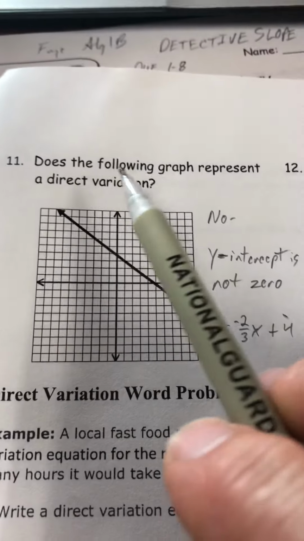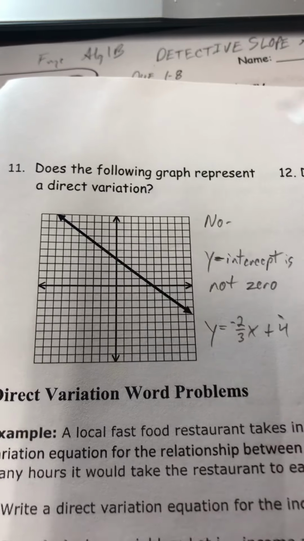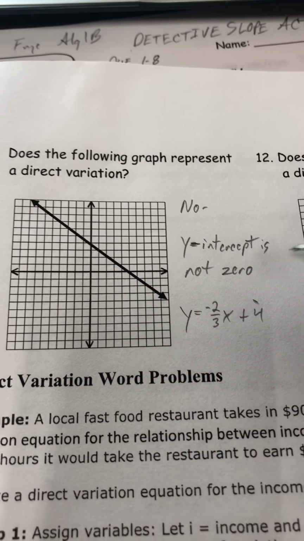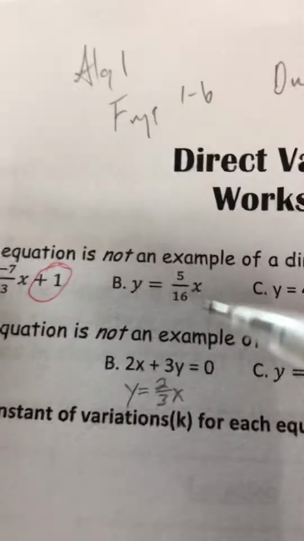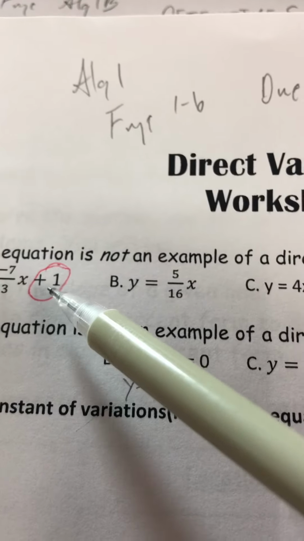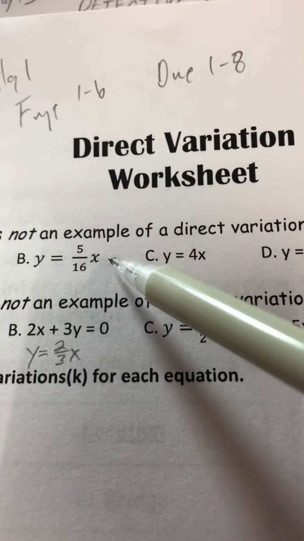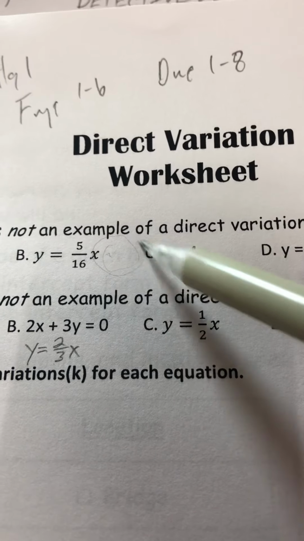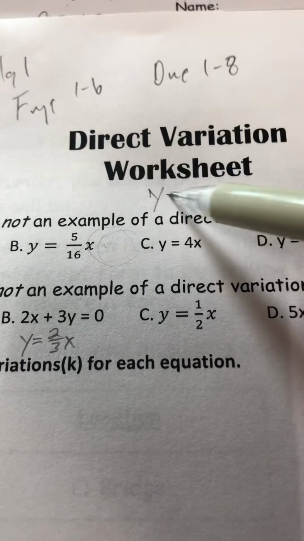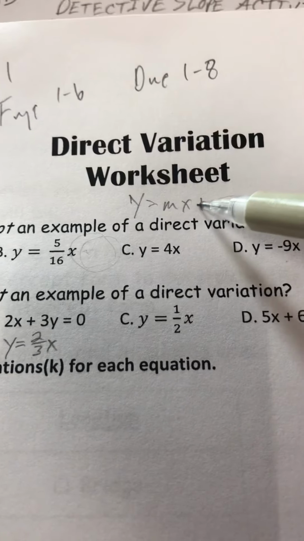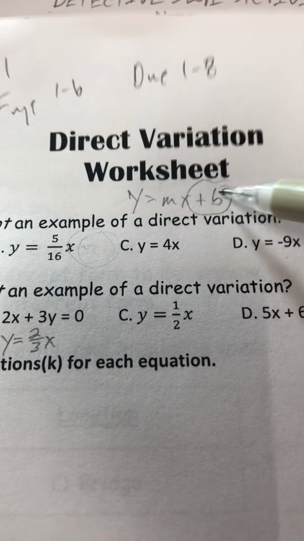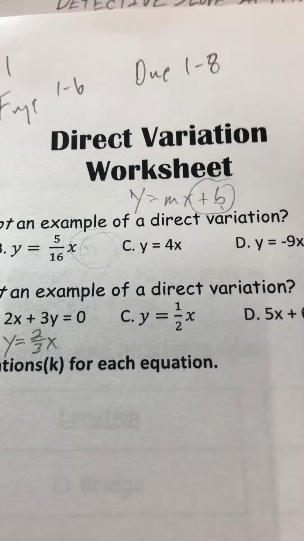Number 11. Does the graph represent direct variation? This is going to be no, because the y-intercept is not 0. Remember, this is a y-intercept of plus 1. In y equals mx plus b, this b has to be 0 for a direct variation.